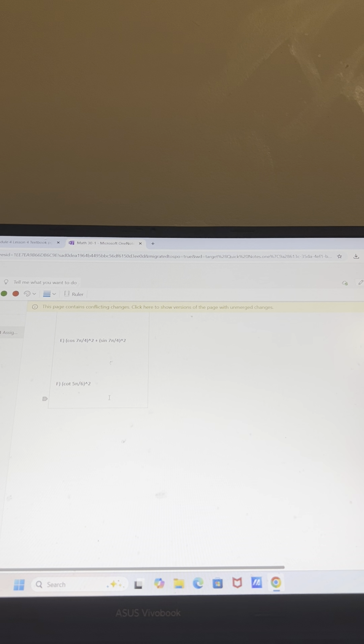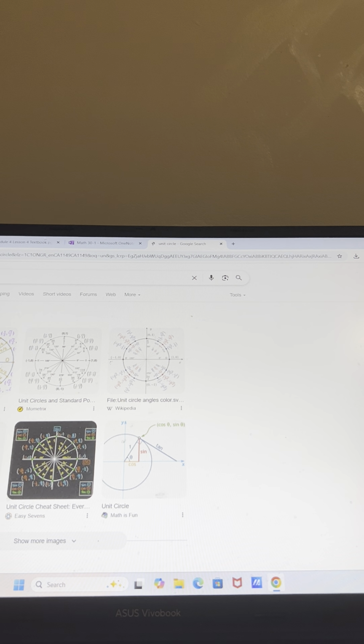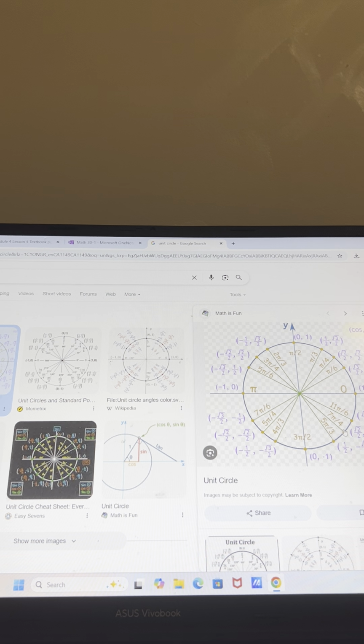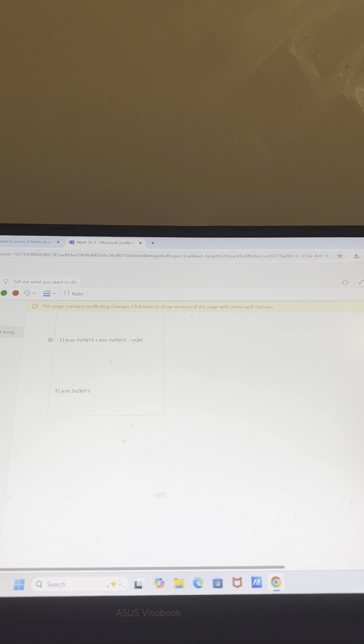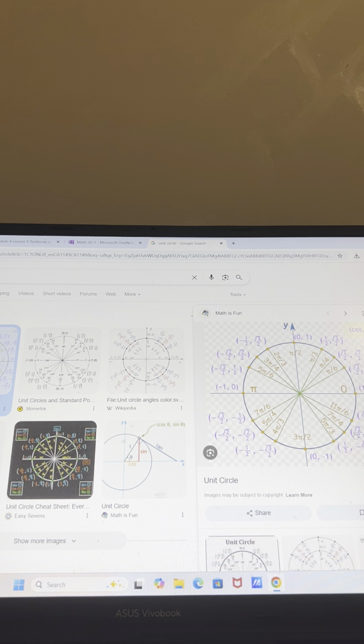Moving on to E. Just going to write this down. We have 7 pi over 4. If we go back to the unit circle, 7 pi over 4 is also in quadrant 4. And if we just go back to the unit circle real quick, the cosine is going to be square root of 2 over 2. And the sine is going to be negative square root of 2 over 2 right here.